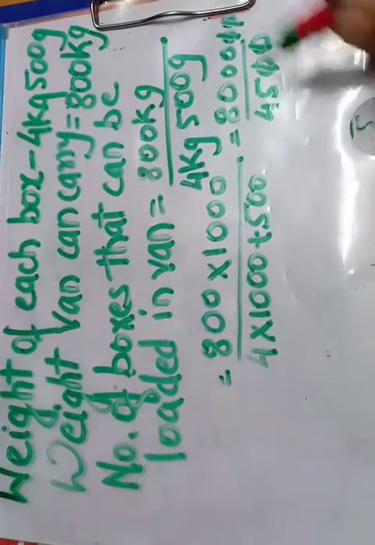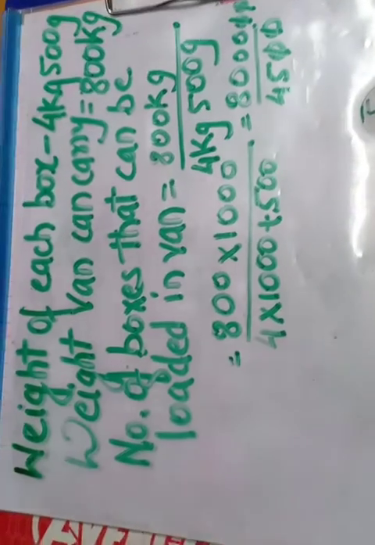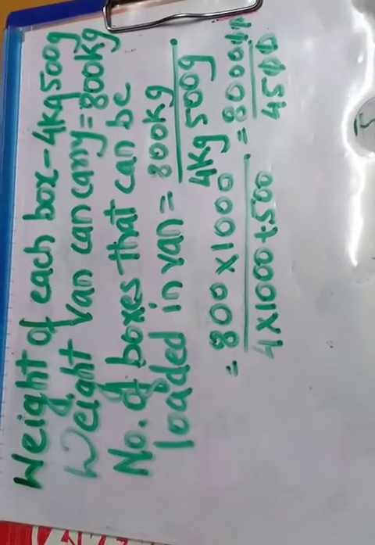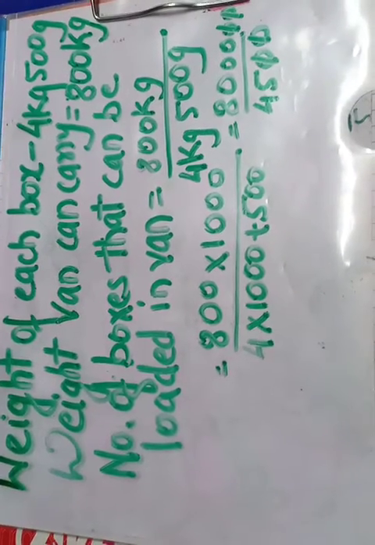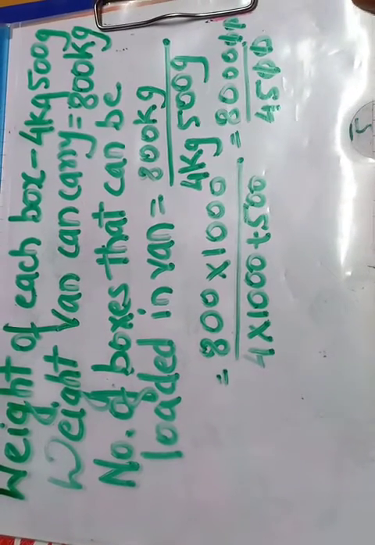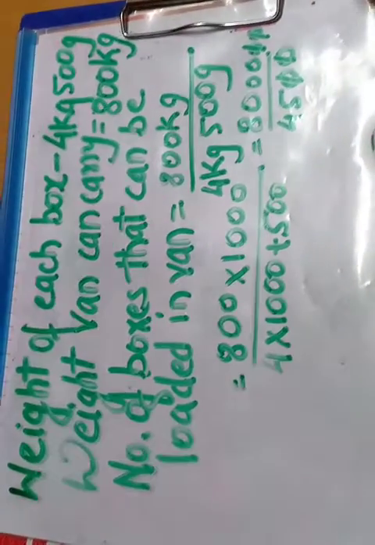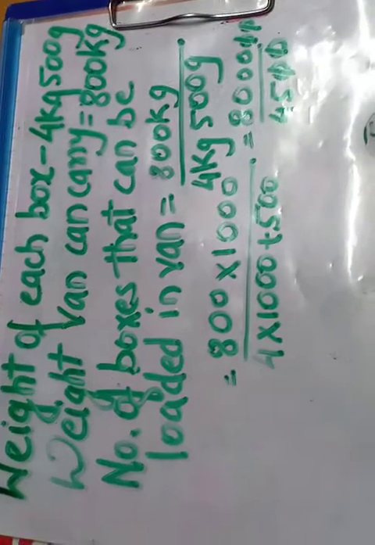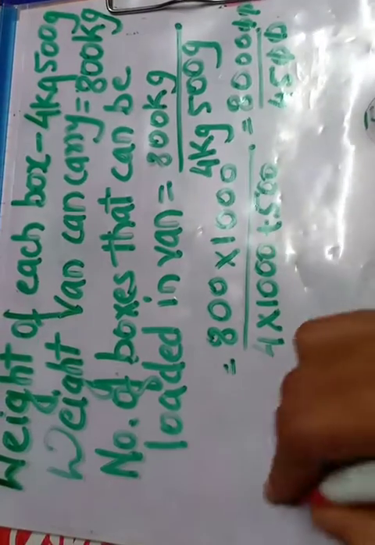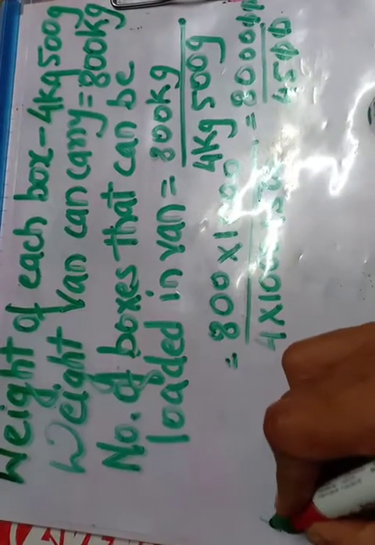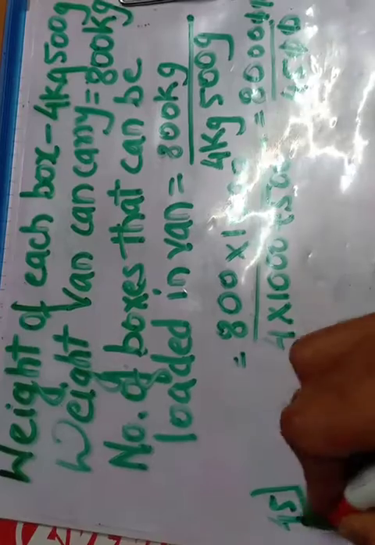So I need to divide 8000 by 45. You can either reduce it by 5, or you can divide it by 5, or directly you can do the division. Okay, so now if I will divide 8000 by 45, I'll take it on the next page. Okay, so that final answer I can write over here.